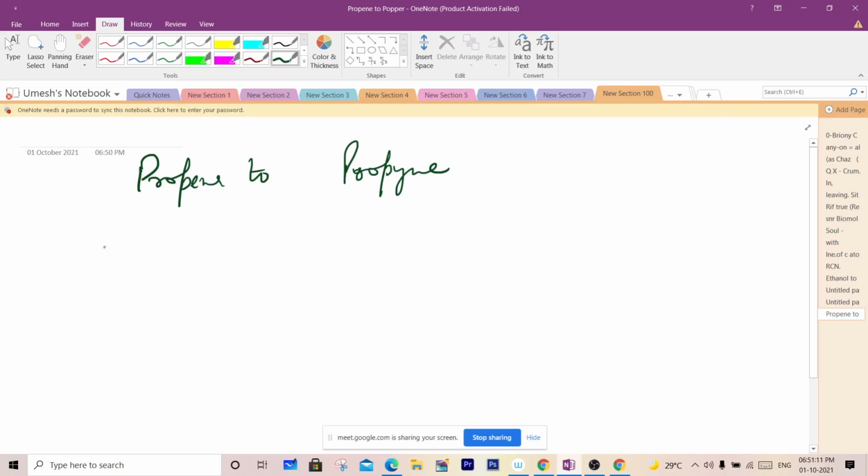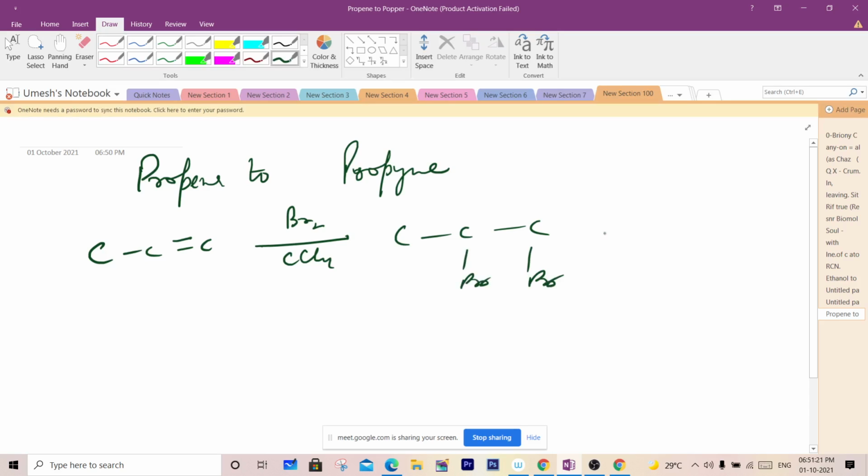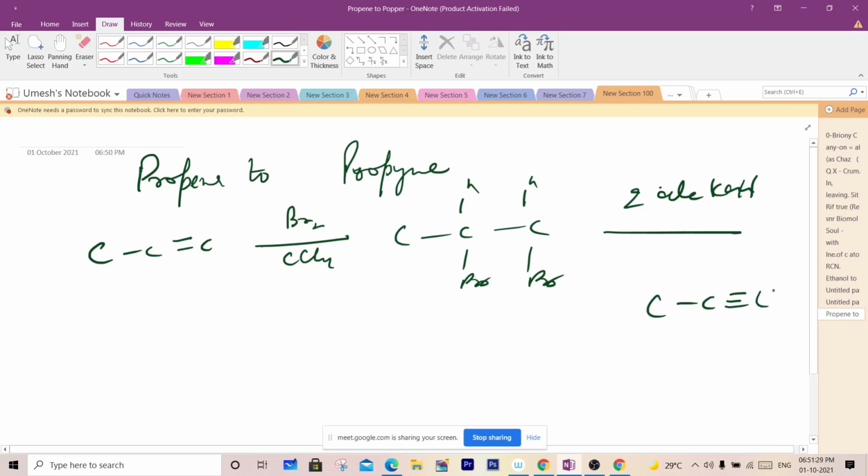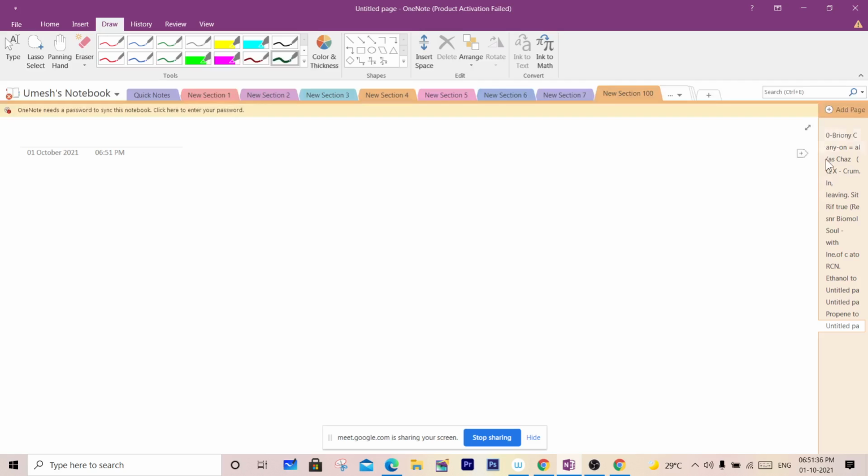Propene is there, so you just add bromine in the presence of carbon tetrachloride. You will get two bromines across the double bond, right? Then you just add 2 moles of alcoholic KOH. Double dehydrohalogenation will take place and alkyne will be formed. Yes or no? Everyone comfortable? Done? Okay.